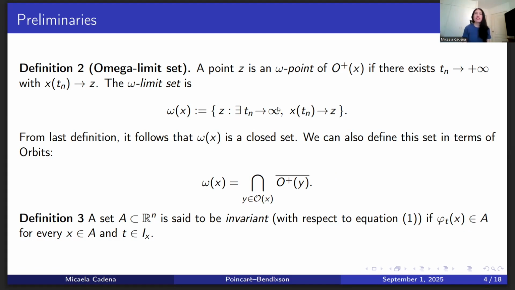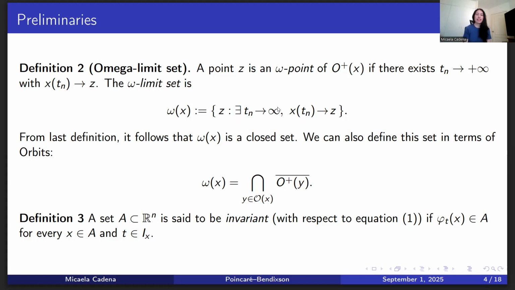But thanks to the characterization of closed sets by convergence of sequences, it follows that the omega limit set is a closed set. And we can also define this set in terms of orbits. It would be the intersection of the closures of the forward half orbits evaluated at y, where y belongs to the full orbit of x.